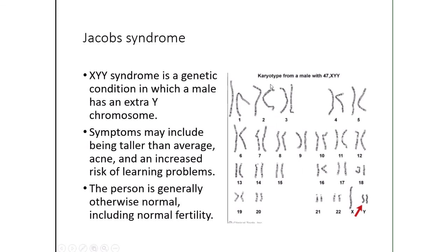The next one is Jacob's syndrome. In Jacob's syndrome, we have XYY. So in this case, the nondisjunction has to have occurred in the father of the individual, where the Y chromosomes are not separated from each other during meiosis, and then that sperm carrying two Y chromosomes fertilizes an egg carrying an X. Symptoms may include being taller than average, acne, and an increased risk of learning problems.